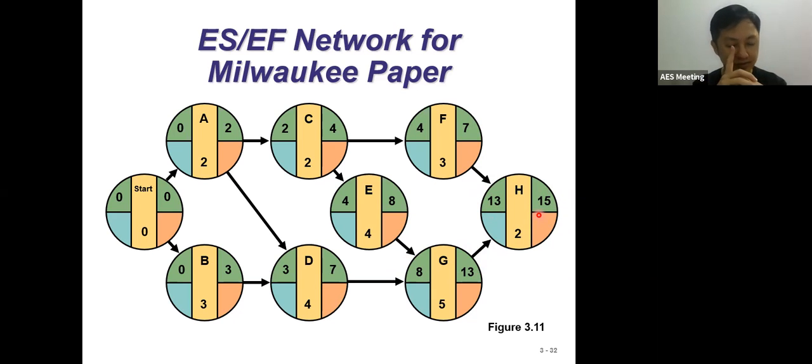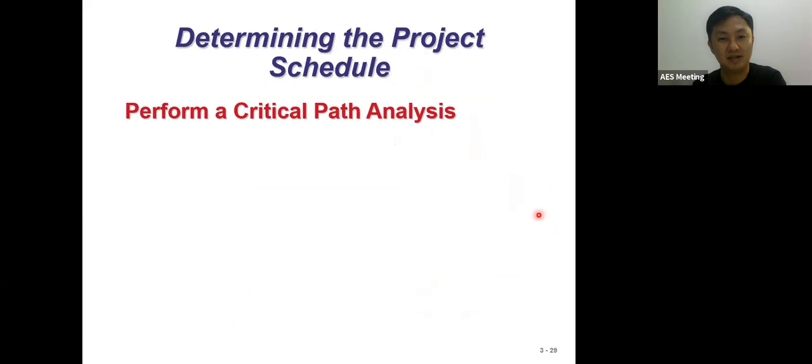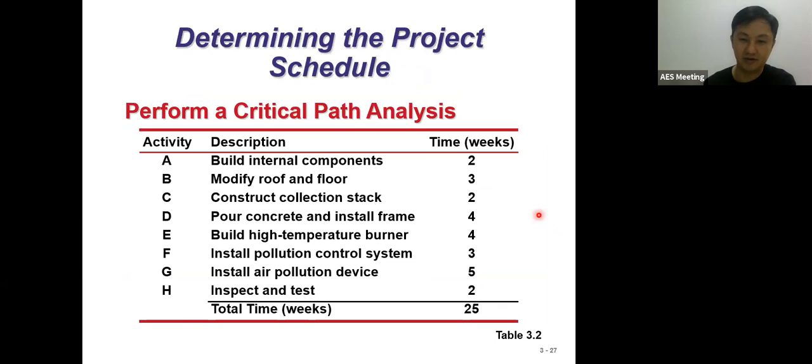If you still remember, in the original, all the activities here, when we add them, should be 25 weeks. I showed you previously, if you still can remember, yes, this one. I guided you just now: all the activities we add here, we are getting 25 weeks.